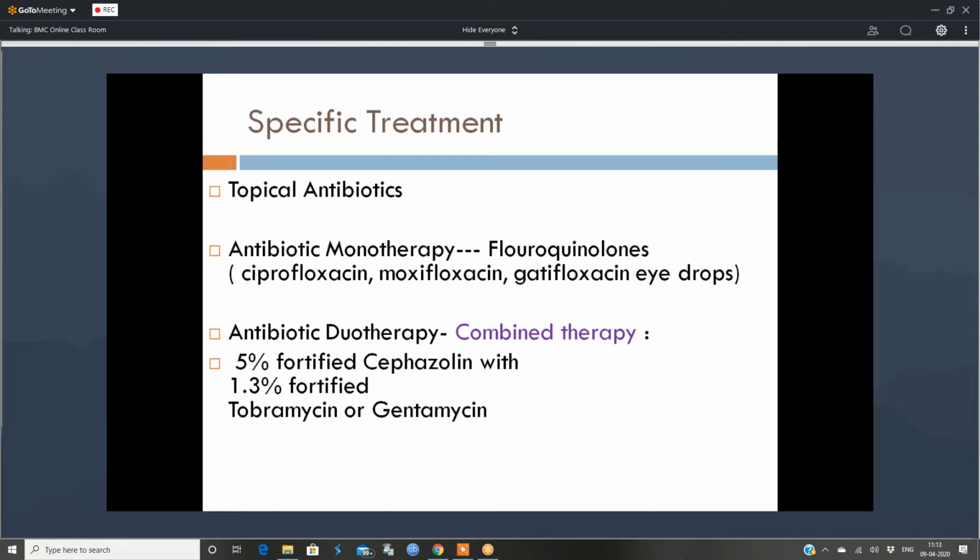The advantage of drops is that they get quickly absorbed, but the disadvantage is, yesterday I think ocular therapeutics was covered. So what is the disadvantage of drops? Anybody? Patient compliance cannot be maintained.